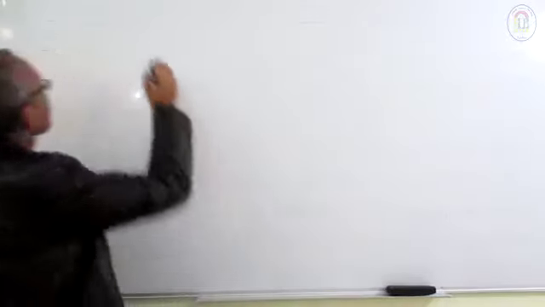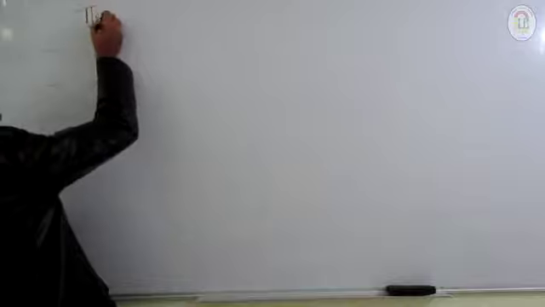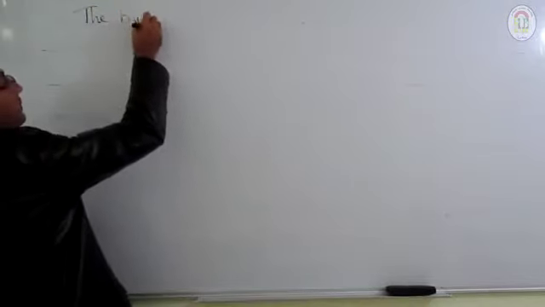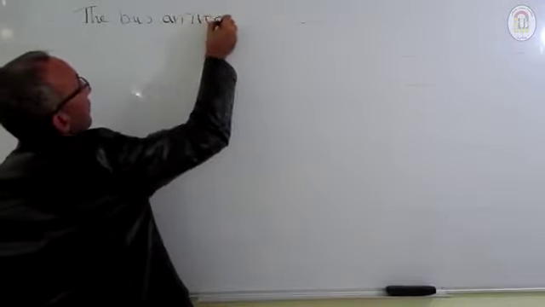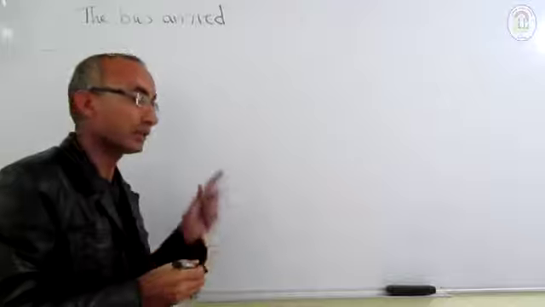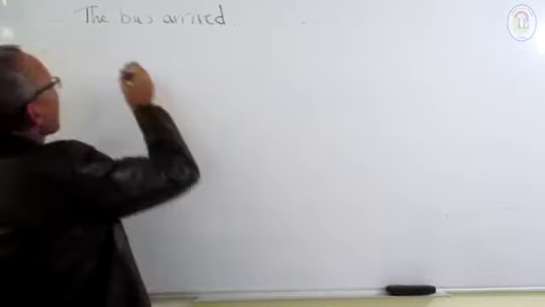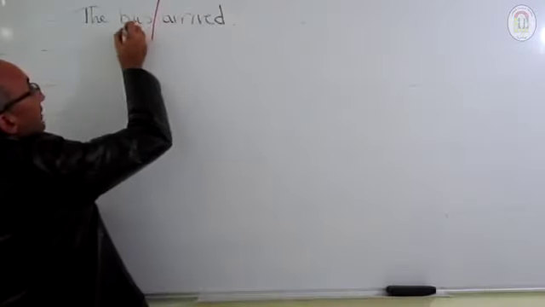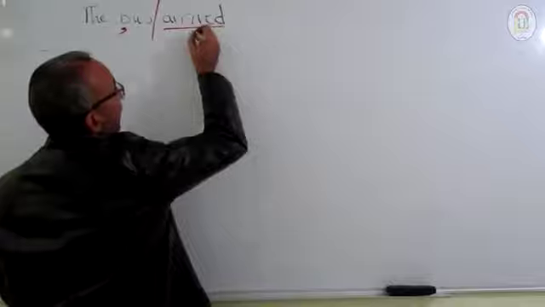For example, we write: the bus arrived. Full stop. Now here I need to identify the elements of this sentence. I have the bus as my subject and arrived as my verb.